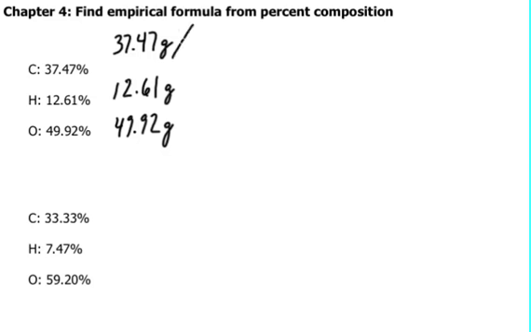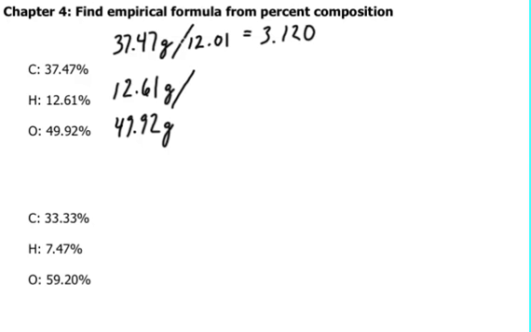The next step is to convert all of this into moles, and to convert grams to moles you divide by the molar mass. So dividing this by carbon's molar mass, 12.01, you get 3.120. Okay, so that's moles now.